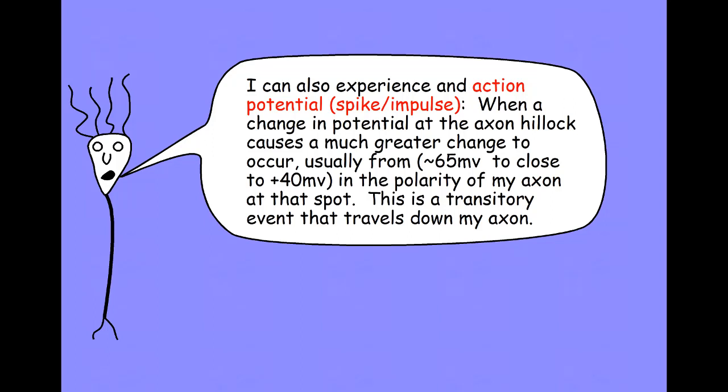One thing I should point out, as I noted before, the resting potential of particular neurons is somewhat variable, and so is the change in potential as a result of an action potential. Positive 40 millivolts is a common number that you see, but they can vary in how high and how low they get during an action potential as well. These are just the most common numbers that you see.